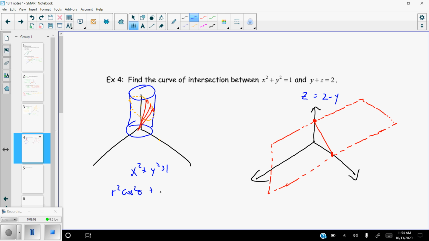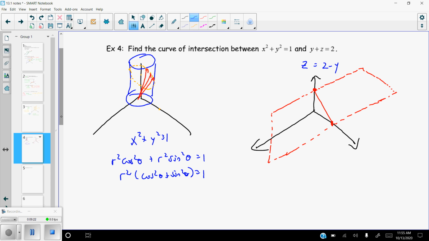Over here, we're going to get r squared sine squared theta equals 1. Well, we can simplify that. I can factor the r squared out, which leaves you with cosine squared plus sine squared equals 1. Of course, cosine squared plus sine squared of the same angle is 1, so you get that r squared is 1, or that the radius is 1.